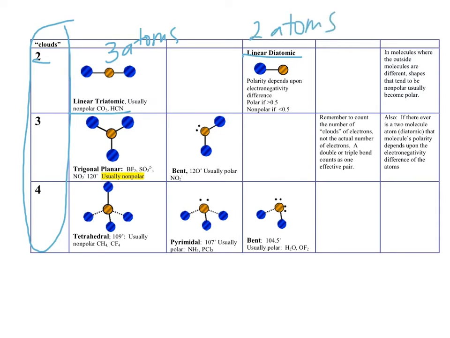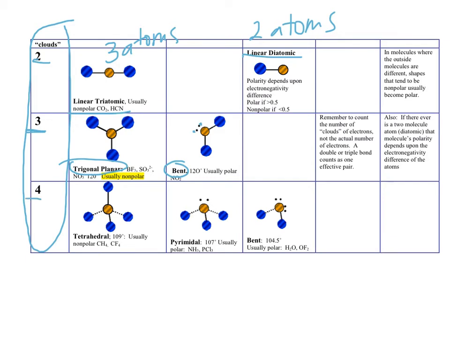So whichever one it looks like the most is which one you're going to pick. If it's got 3, it's either going to be called trigonal planar, which means it's a central atom with 3 atoms connected to it, or it's going to be bent, which means the central atom has only 2 things off of it, but it has an unshared pair of electrons.